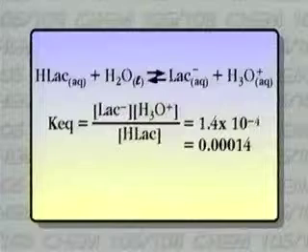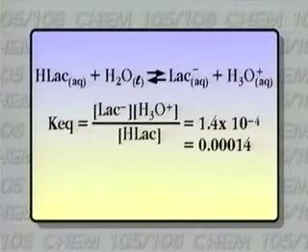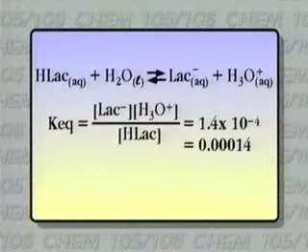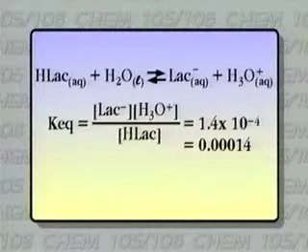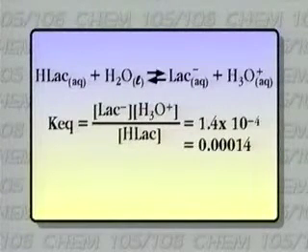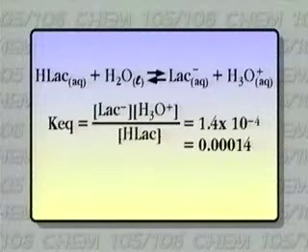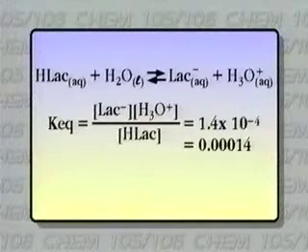So if I put in 1 mole of hydrogen chloride, almost the entire mole of hydrogen chloride will have gone to form hydronium ion and chloride ion, a strong acid. If I put in 1 mole of lactic acid, only a small amount has done this. The major amount is still as molecular lactic acid. So we see this number is much less than 0.1, meaning, in fact, that the reactant side is favored. It's not going to go very far before the reverse rate catches up and it reaches equilibrium.